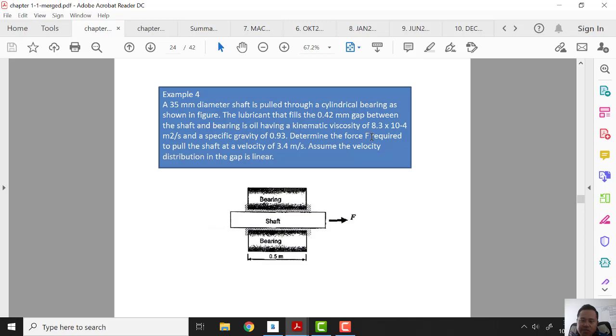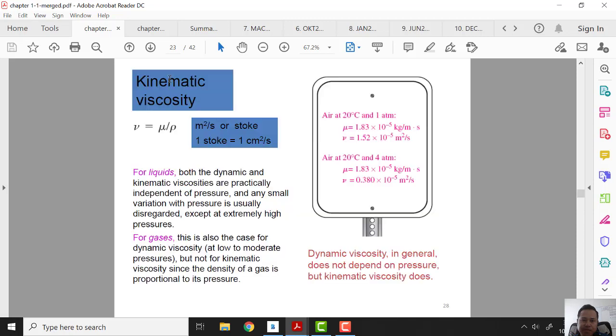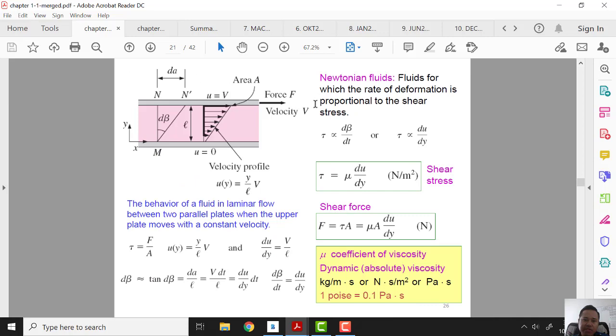The viscosity of the oil in the bearing is 8.3 times 10 to the power of minus 4 meters squared over second. This is a kinematic viscosity. So what is kinematic viscosity? Kinematic viscosity is nu equal to mu over rho, where mu is the viscosity.